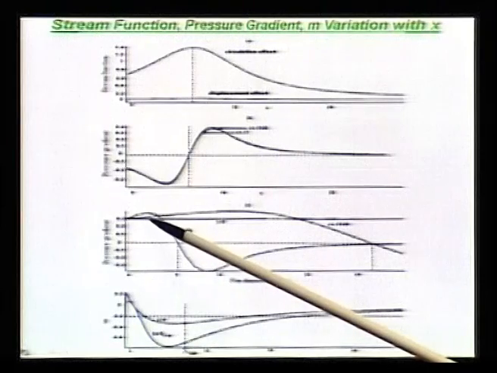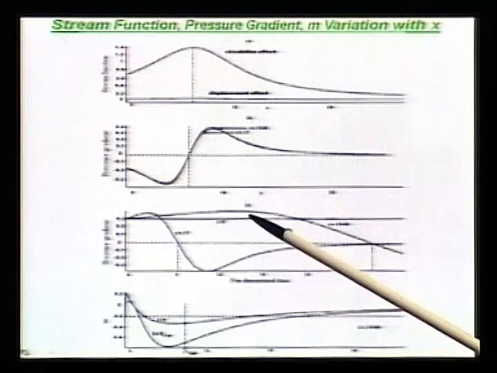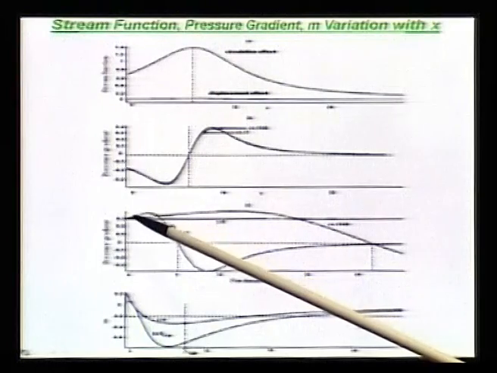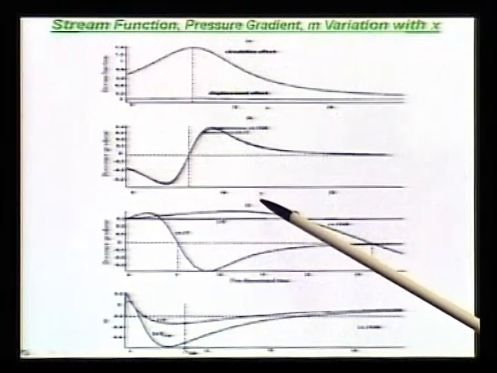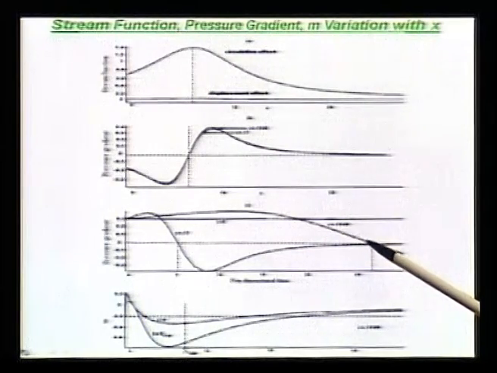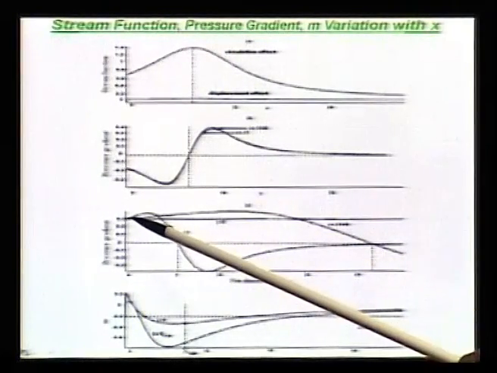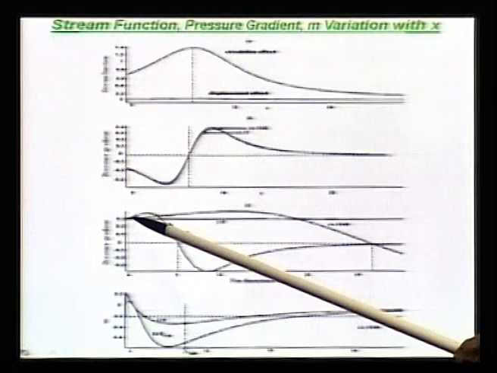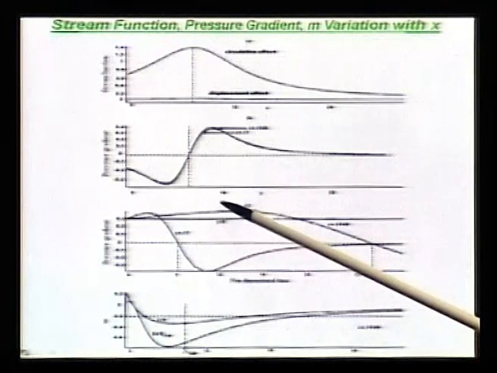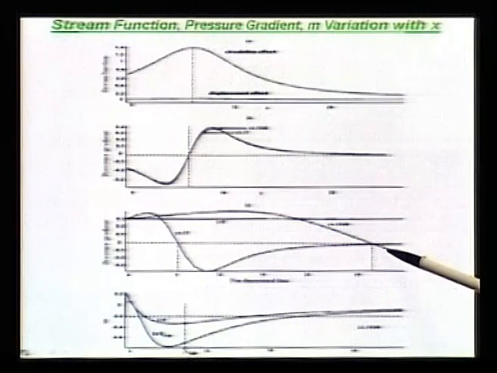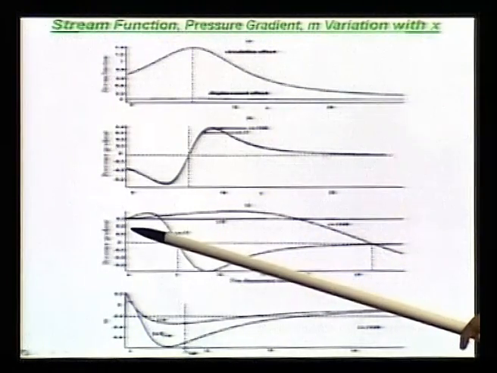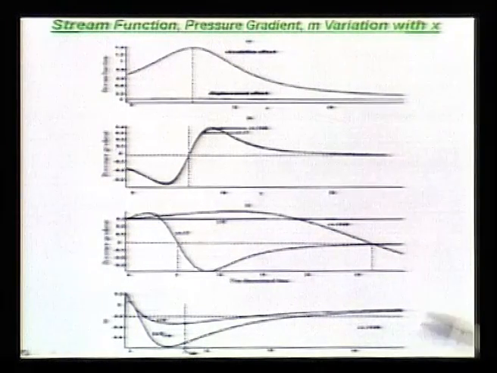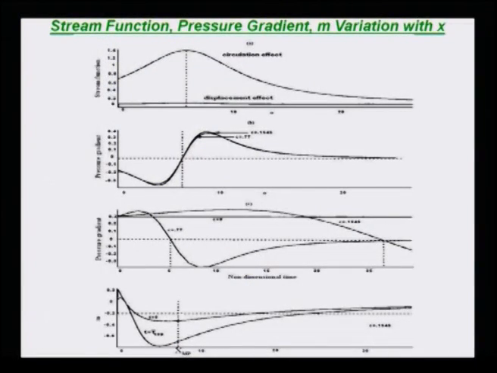Whereas, for low values of c, the adverse pressure gradient remains adverse over a long time. For the 0.15 case, you can see the flow is experiencing adverse pressure gradient over such a long period, and for c equal to 0, it is even more interesting: you have the same level of adverse pressure gradient all the time.